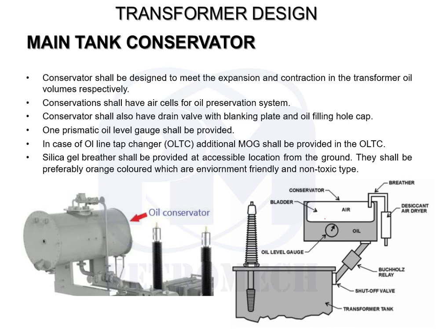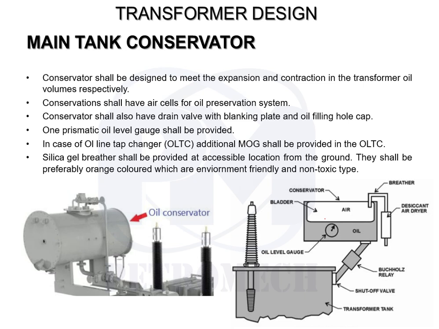In that case, when it goes beyond a predefined limit, the oil flows from the conservator to the tank, thereby maintaining the proper insulation level inside the tank. And vice versa happens when there is an expansion of oil, which flows back to the conservator, thereby maintaining the proper tank oil level.